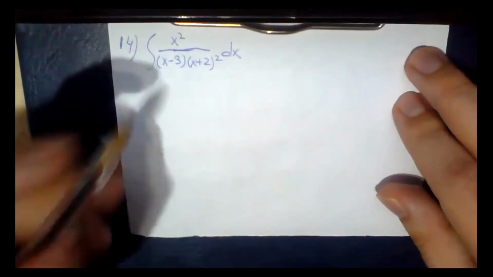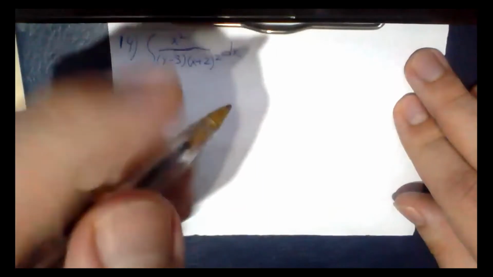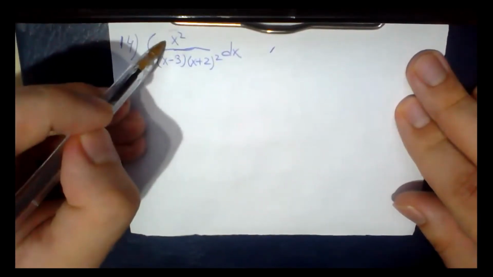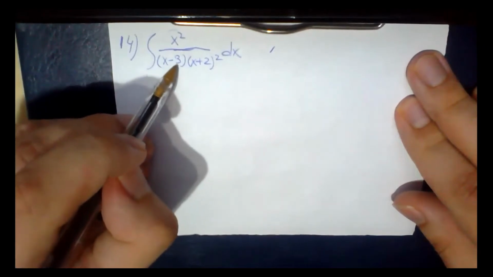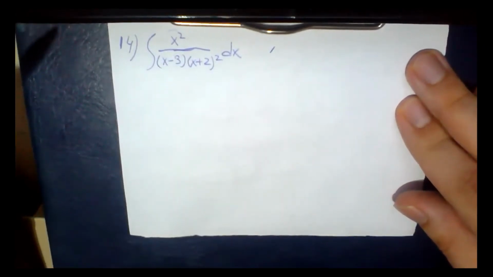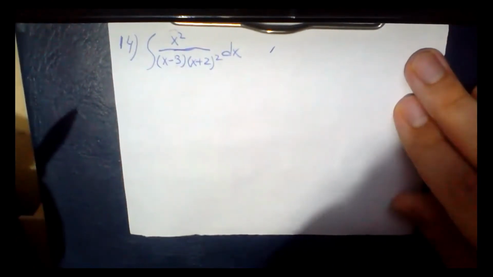So again, first we decompose the integral. By the way, the degree of the numerator is 2, the degree of the denominator is 1 plus 2, which is 3. So we don't need polynomial division at this stage.